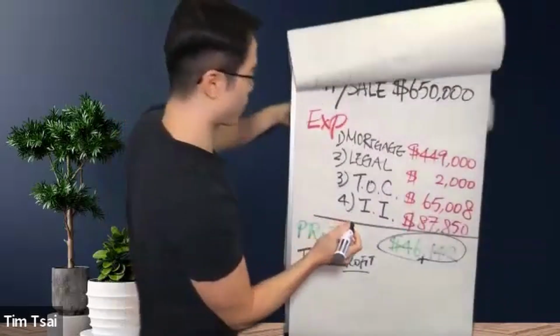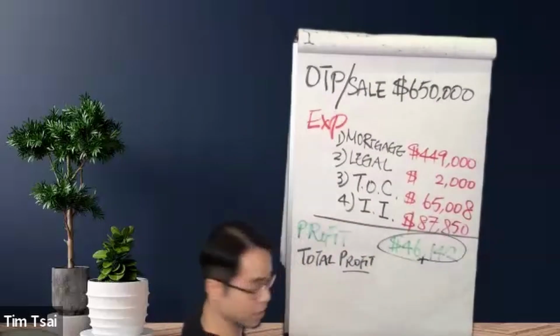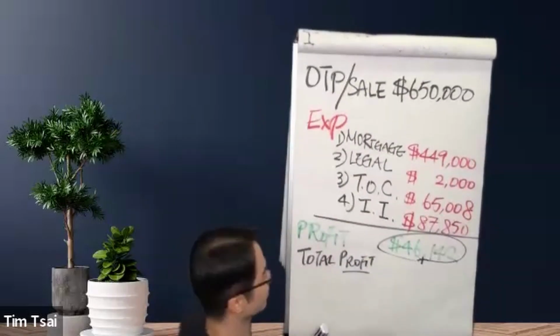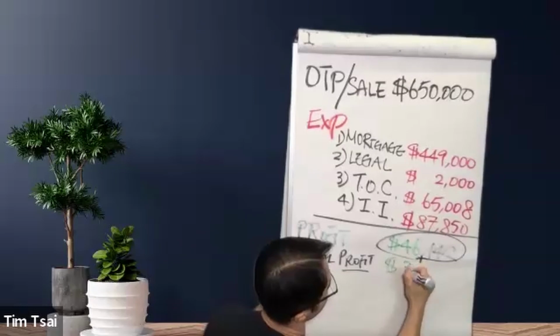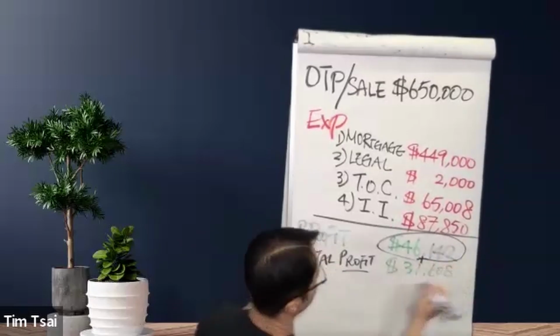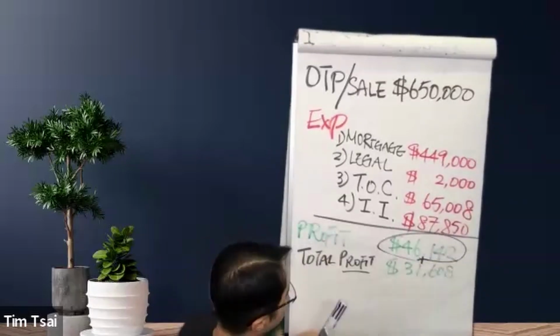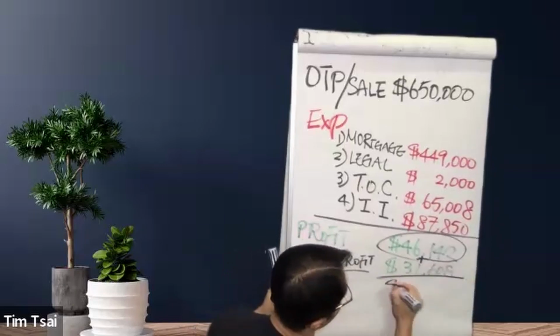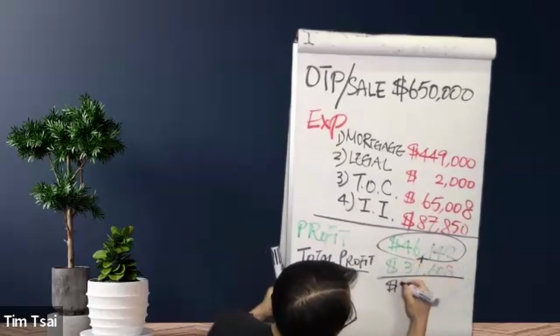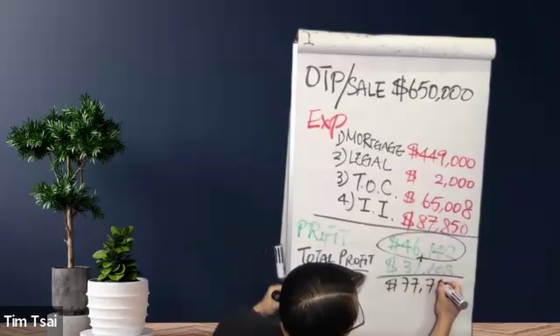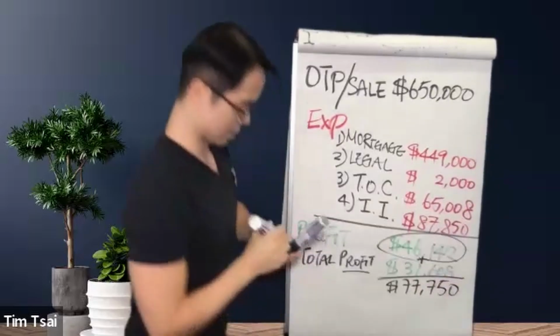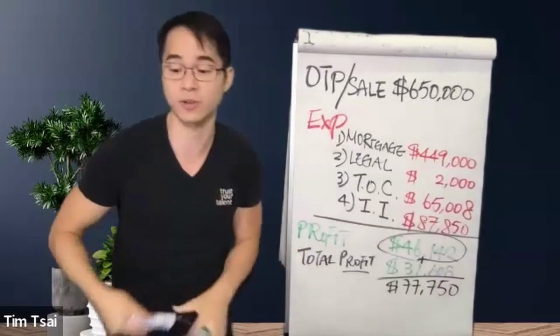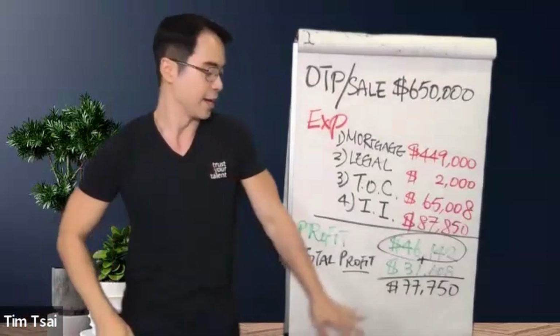I'm going to use my green marker here. 31,608. If we add it up in total, we are looking at $77,750.